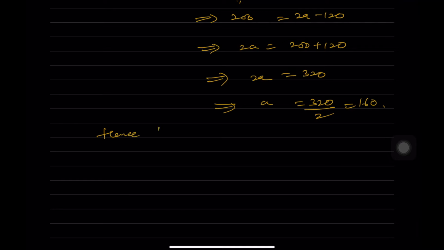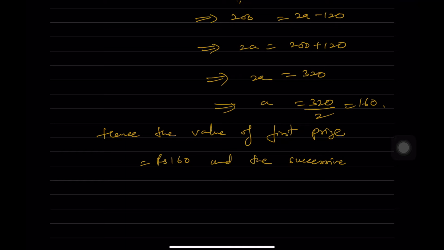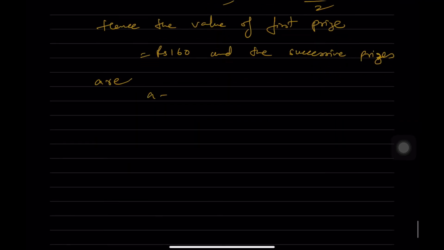Hence the value of the first prize is equal to rupees 160, and the successive prizes are A minus 20, A minus 40, A minus 60, and so on.